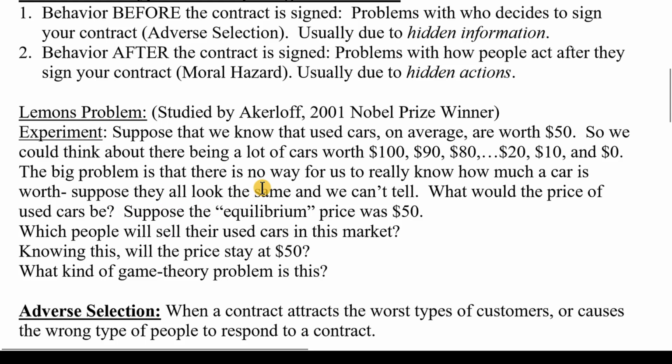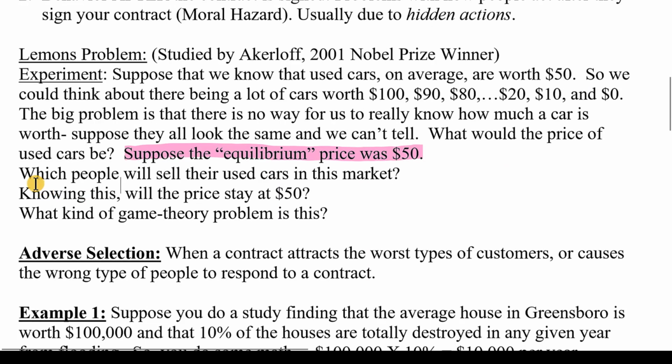Well, let's suppose, just to start, that the equilibrium price of cars was $50. Question number 1. Who's going to be willing to sell their car if the equilibrium price today is $50? Some of these people have cars that they know are worth more than $50. Are they going to be willing to sell for $50? Probably not.